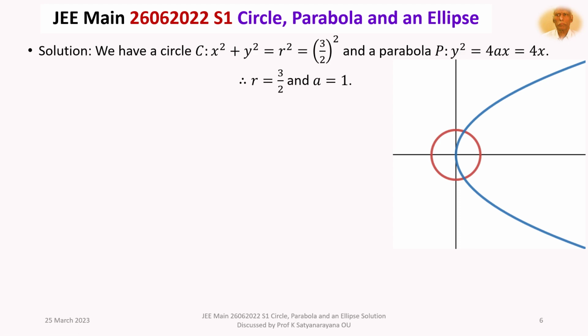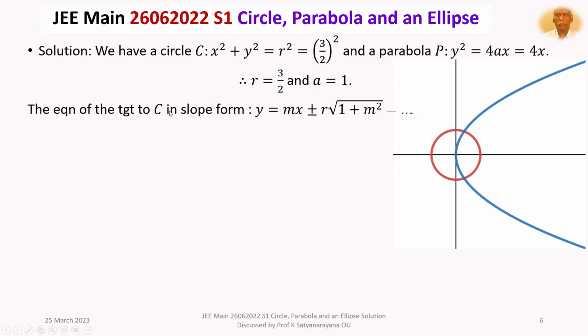Now, the equation of the tangent to the circle in slope form is given by y = mx ± r√(1 + m²). In our case, the radius is 3/2. Therefore, the equation of the tangent to the circle C in slope form is y = mx ± (3/2)√(1 + m²).